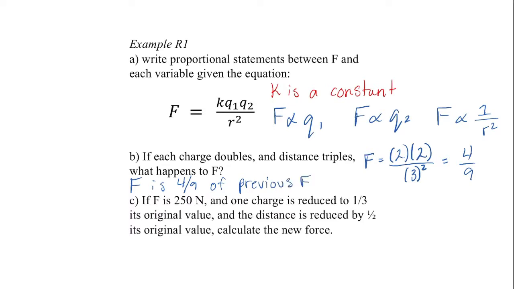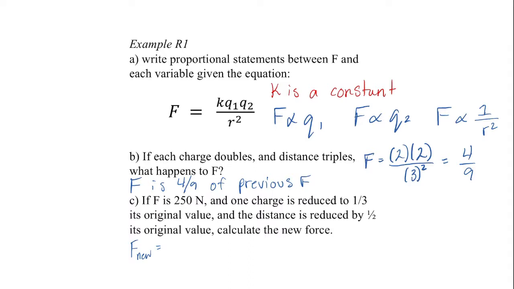Okay, and then what if the force is 250 newtons and one charge is reduced to 1/3 of its original value and the distance is reduced to 1/2 of its original value? Now calculate the new force. So we're going to do kind of the same thing that we did before. For the new force, we know it's k q1 q2 over r squared.